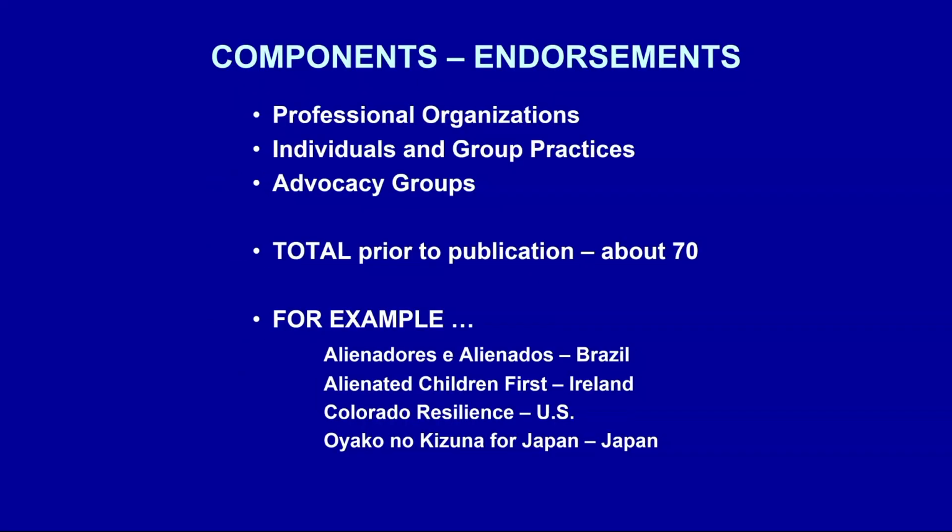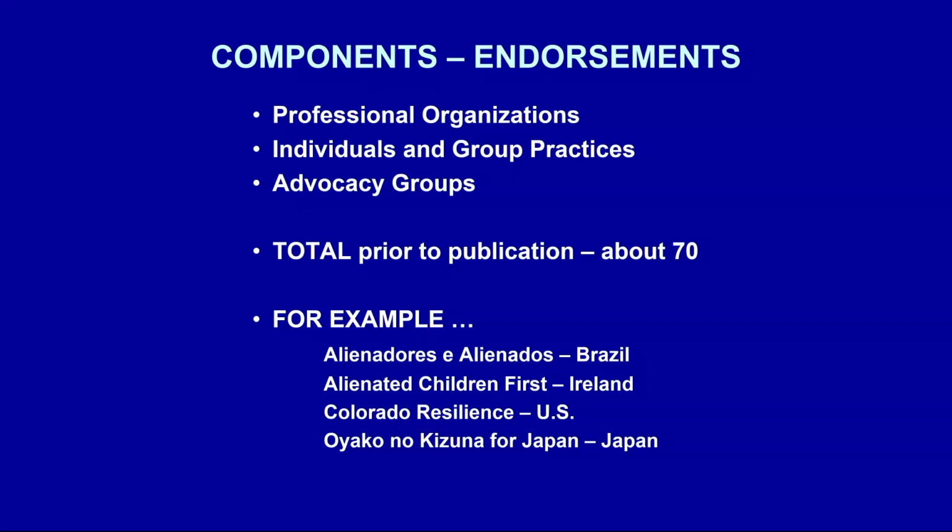But in the last few pages of the book, is where we explain that we want endorsements. We want individual practitioners or scholars or professors. We also want organizations, and we also want advocacy groups to say that they like this book. And there's a way to do it.